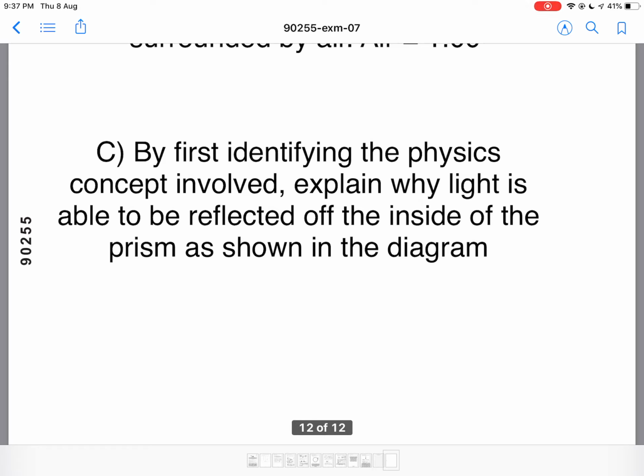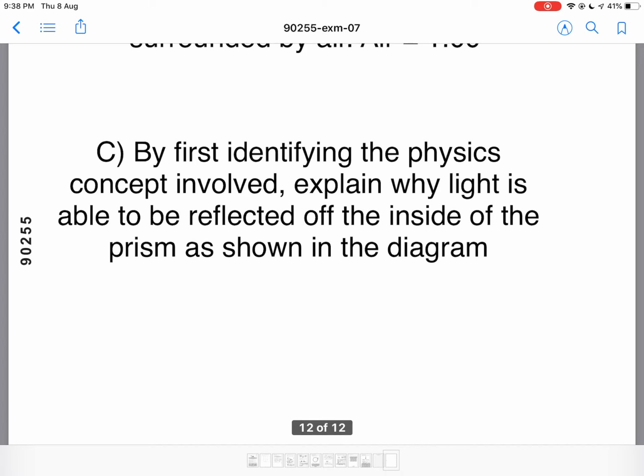Condition 1: you have to be moving from a more dense medium to a less dense medium, because that's the only way the light can bend away from the normal. Condition 2: the angle of incidence must be greater than the critical angle. Then you explain that the critical angle is the angle of incidence when the refracted ray refracts 90 degrees to the normal. So those are the main three points you have to cover here.